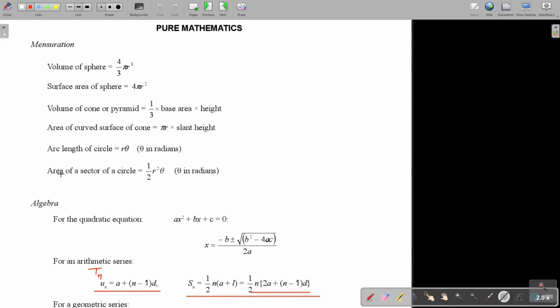So the arc length of a circle, which will only be the curved part, is r theta.